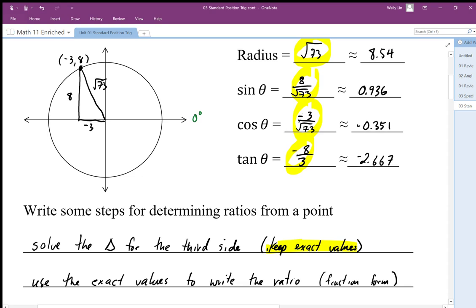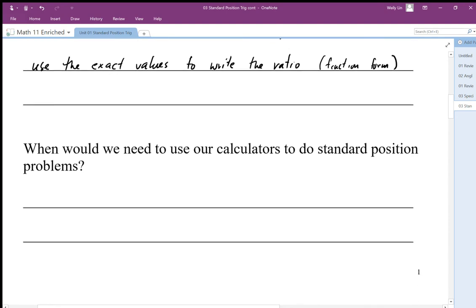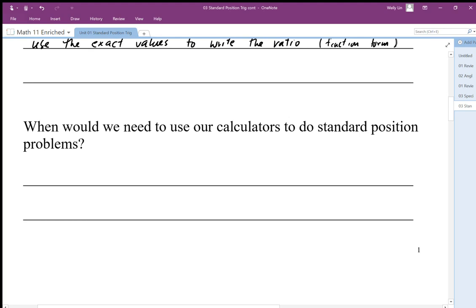There's nothing wrong with these numerically, but what we really want to start working on is using these exact values. So when do we need our calculators to do standard position problems? It's when we want to go from angle to ratio, or if we want to go in the other direction.